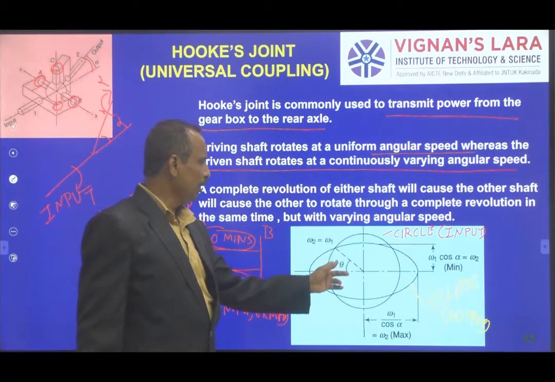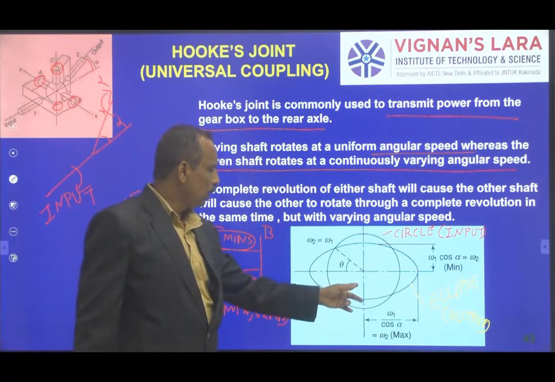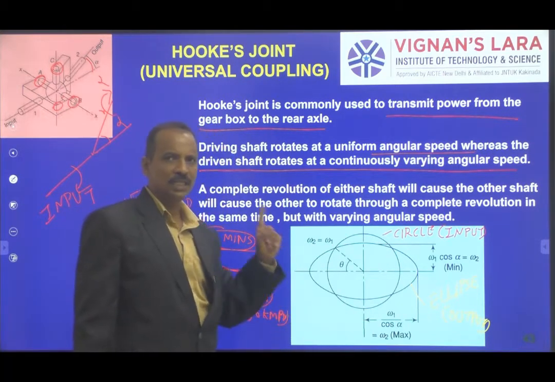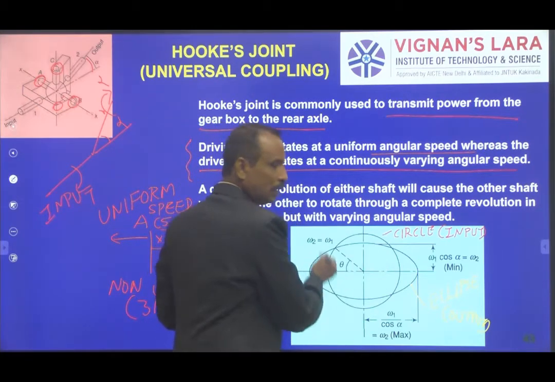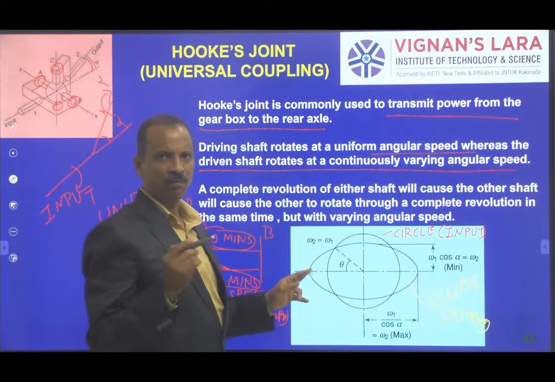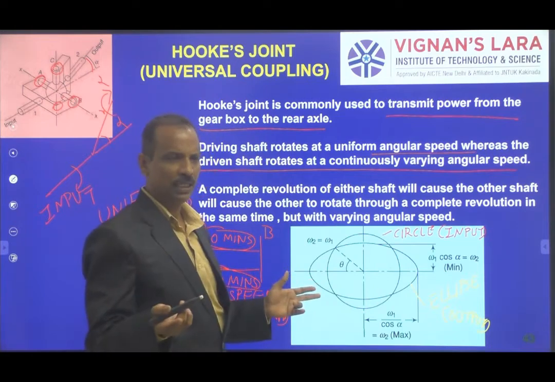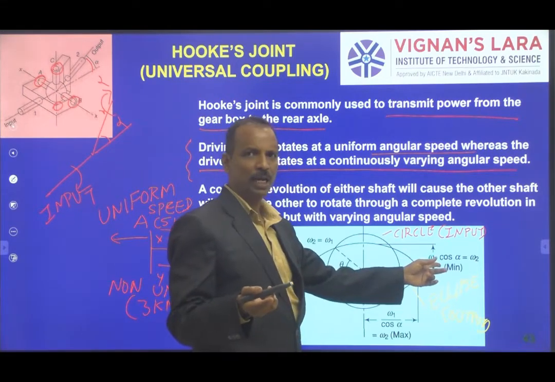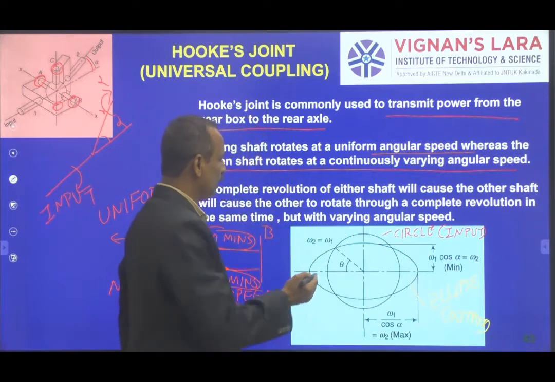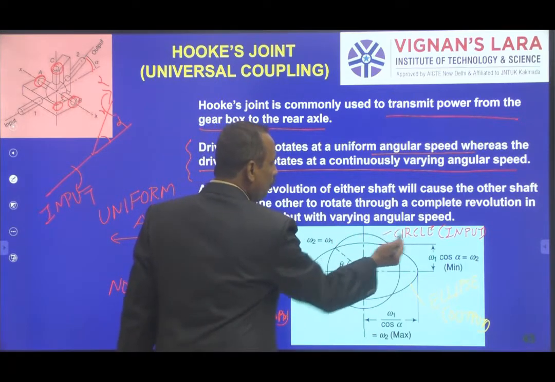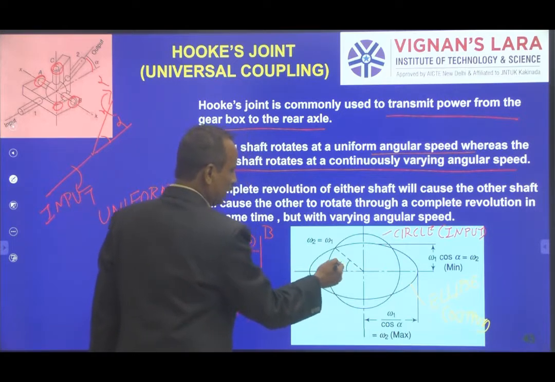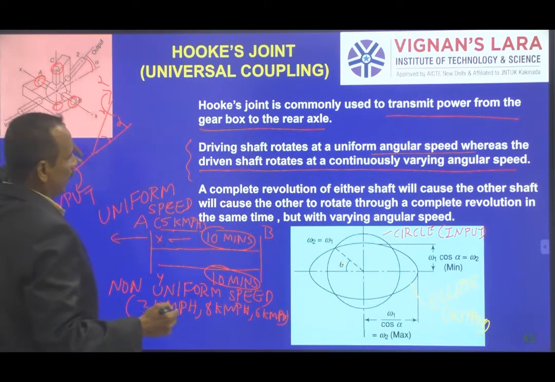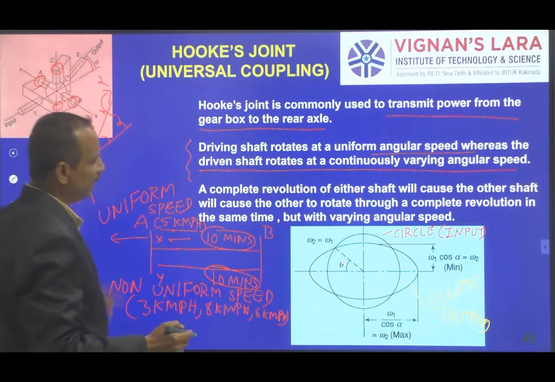Look here. If I treat this as one cycle, these are the angular velocities, because I have represented omega, the angular velocities of the input at any time, for one rotation of 360 degrees.